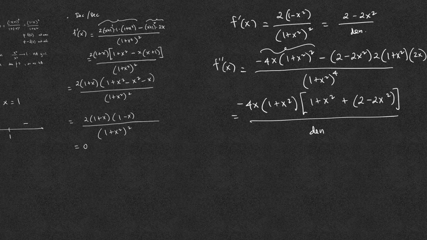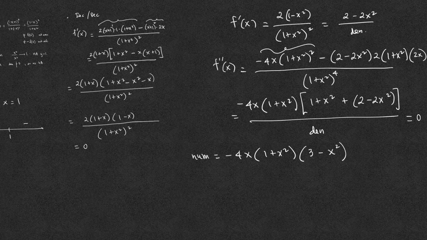The denominator is always positive, so f double prime is 0 only when the numerator is 0. Simplifying further, the numerator is negative 4x times 1 plus x squared times 1 plus 2 is 3, and x squared minus 2x squared is minus x squared.